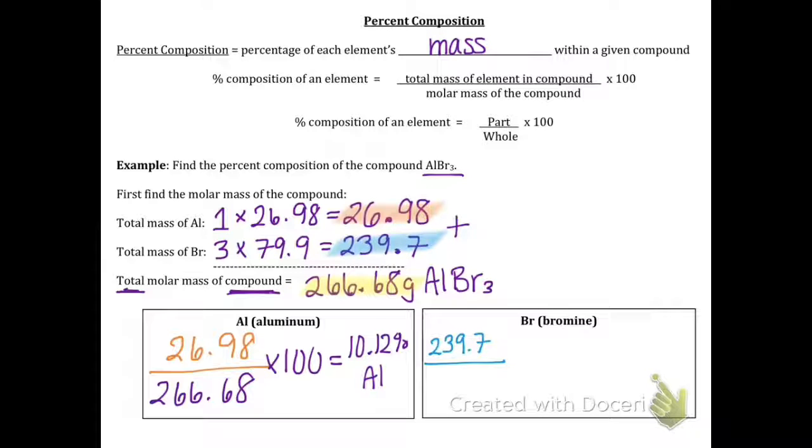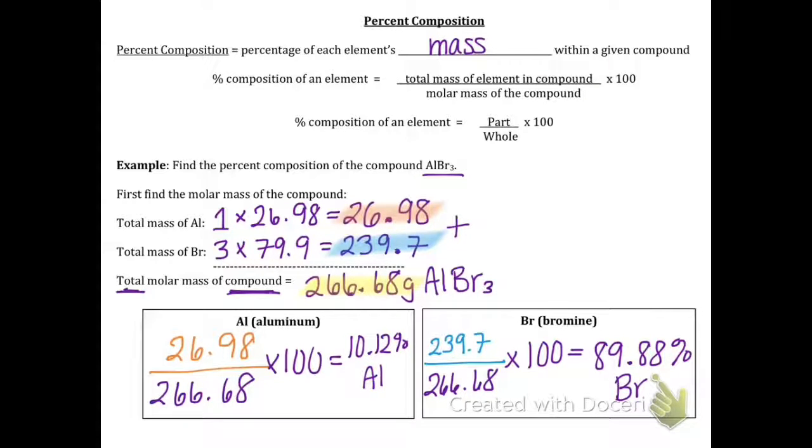The total is the same number as before, 266.68. We're going to multiply it by 100 to get a percent. So go ahead and do that on your calculator. 239.7 divided by 266.68 times 100 gets you a whopping 89.88% bromine.